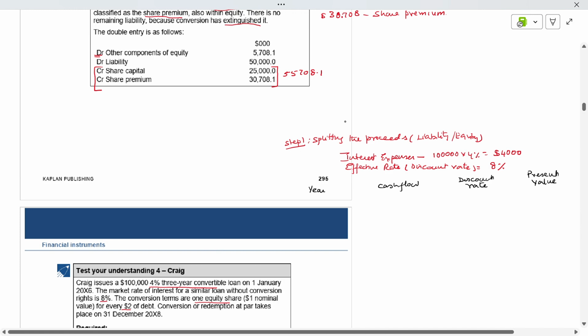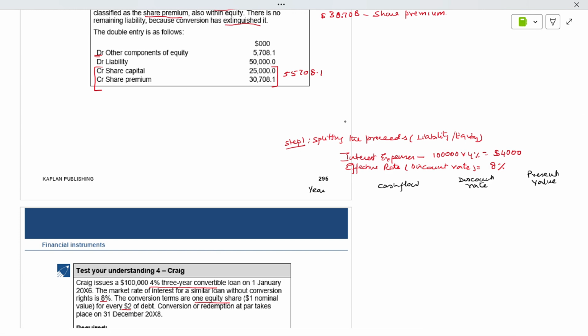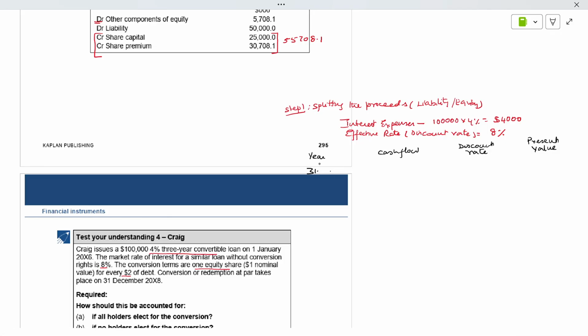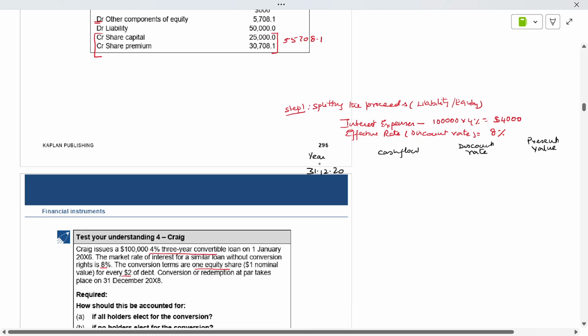Okay, this is year 1. They have issued on 4th January: 31/12/206, 31/12/207, 31/12/208.